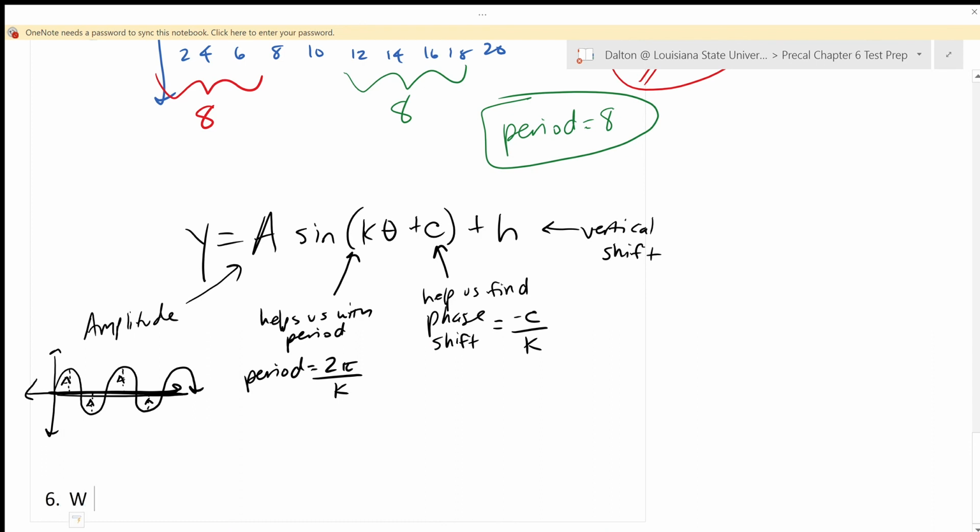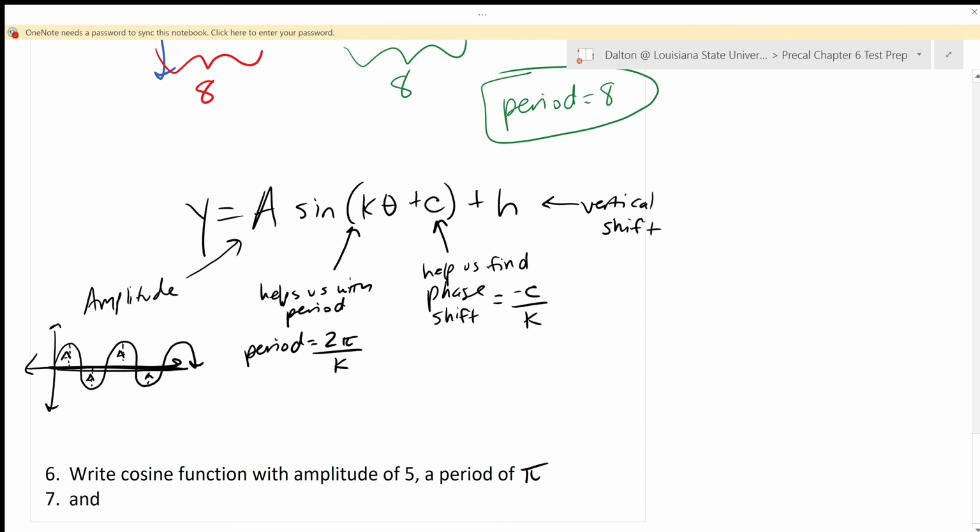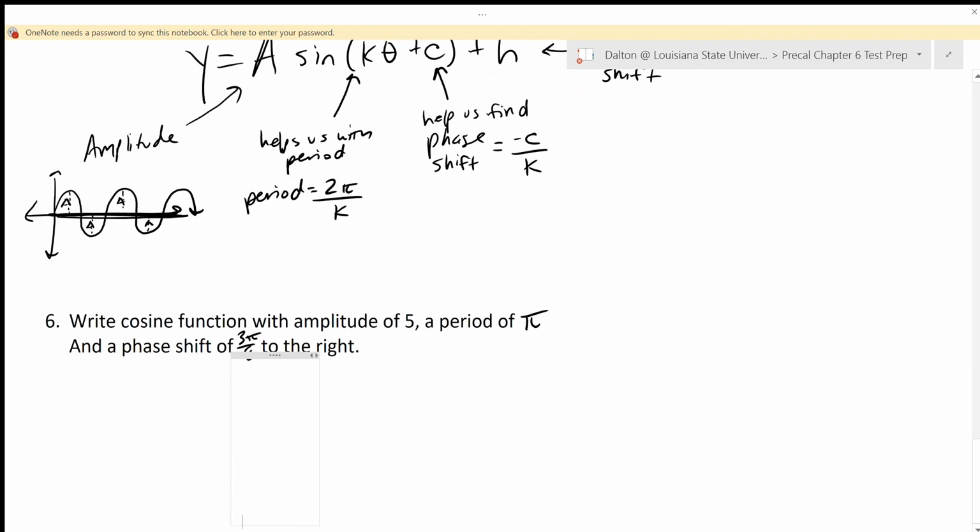I may ask you to write a cosine function with an amplitude of 5, a period of pi, and a phase shift of, let's do 3 pi over 8 to the right. 3 pi over 8 to the right.